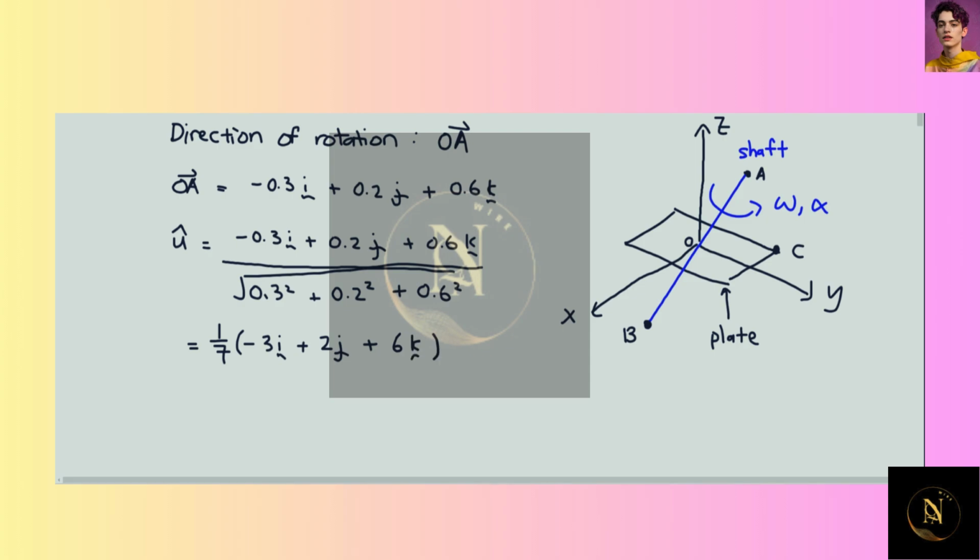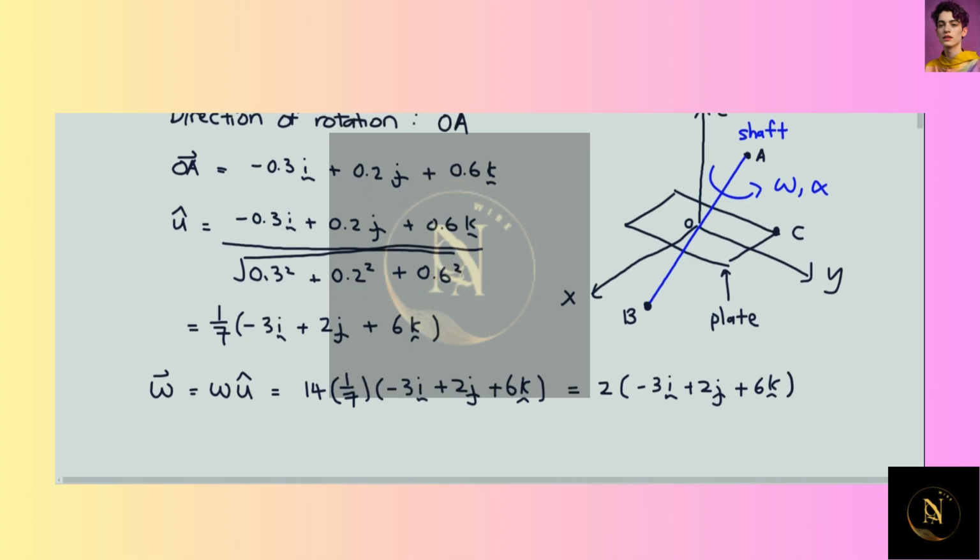Then the angular velocity is going to be the magnitude of the angular velocity times the unit vector. So it's going to be 14 times 1/7 times the vector, and this is just 2 times minus 3i plus 2j plus 6k.